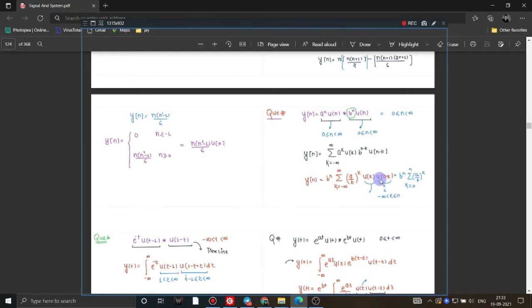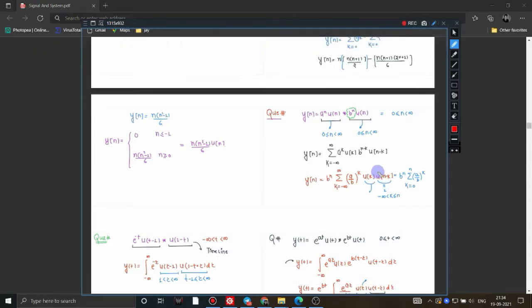Now this u[k] u[n minus k]: the range of this is from 0 to infinity and its range is from minus infinity to n. Our variable is k, so it is 0 to infinity, and for this variable k it is a minus sign, and the break point is n.